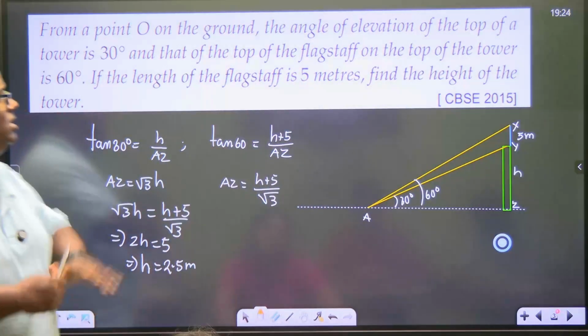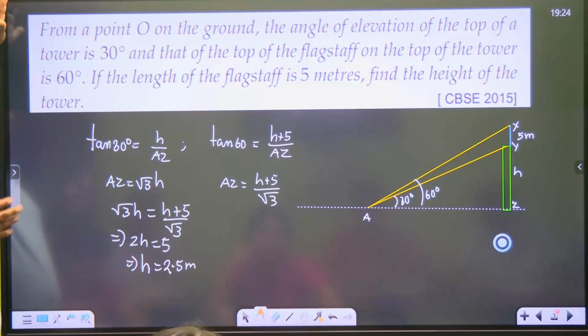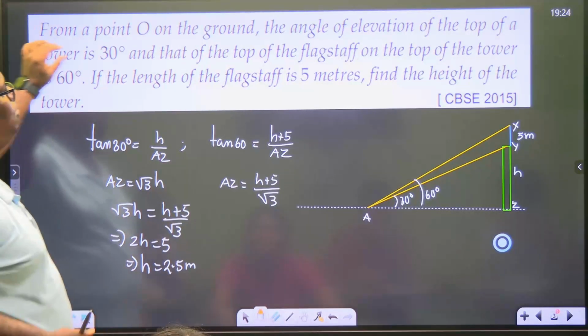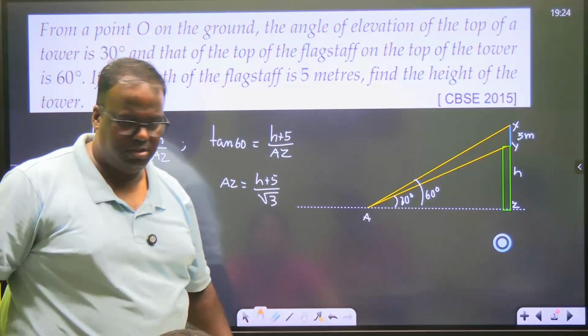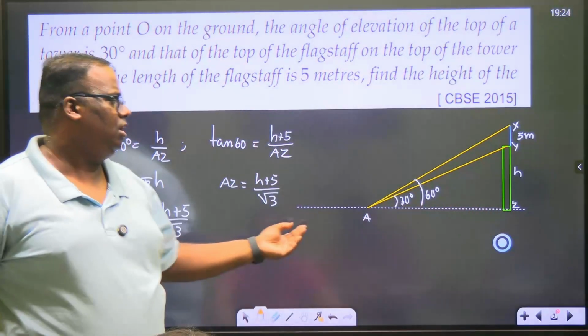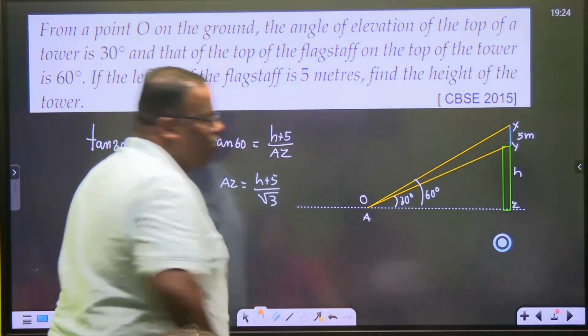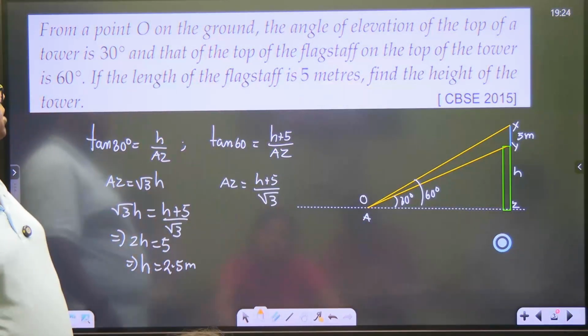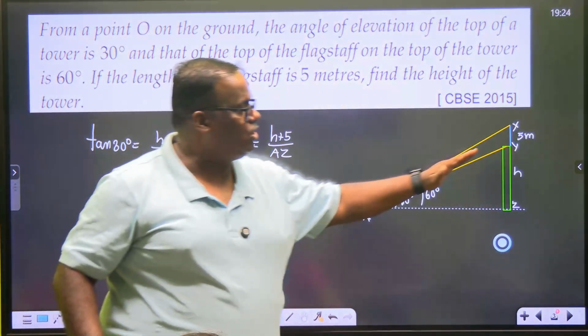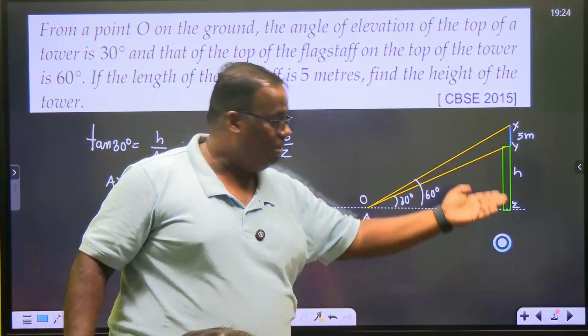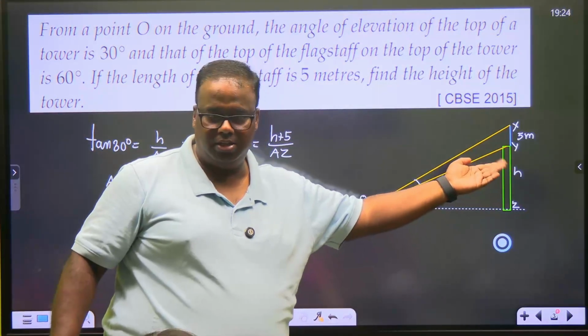Padho na isko. What is it written? Let's convert each and every word. What is a common language I can speak apart from English? Maybe a little bit Hindi. From a point O on the ground, जमीन में एक point O ले लो. ये O, this should have been the point O. From a point O on the ground, angle of elevation of the top of a tower means इस side एक tower है.